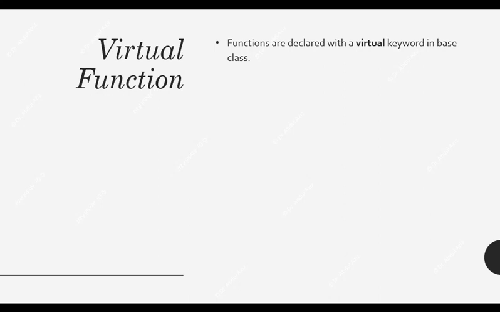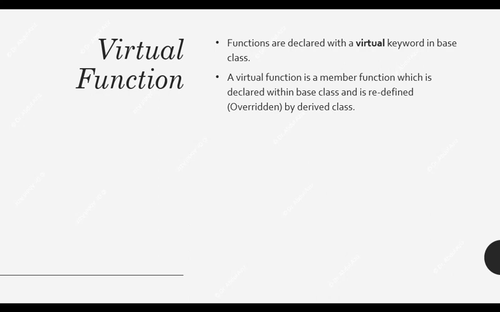We cannot create the object. Therefore, we need to inherit a new class from this class, and in that derived class we are going to define this particular function. To make it simple, always remember that virtual functions are functions that are declared in the base class and defined in the derived class.